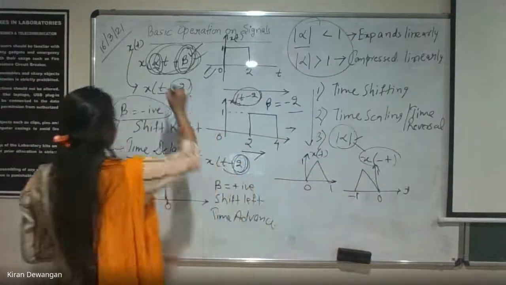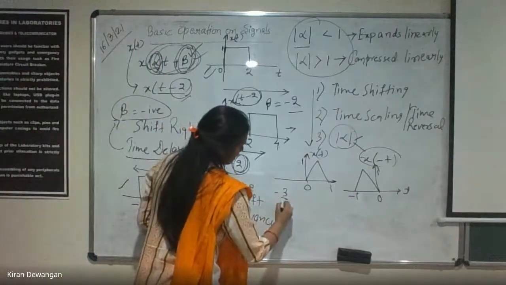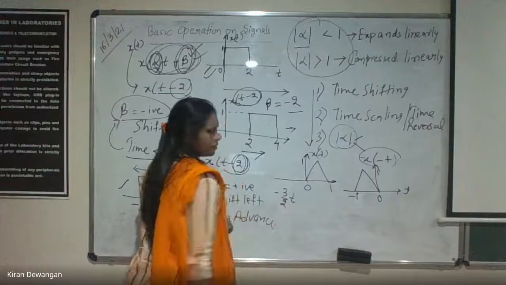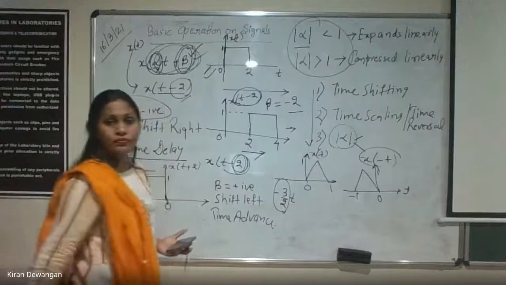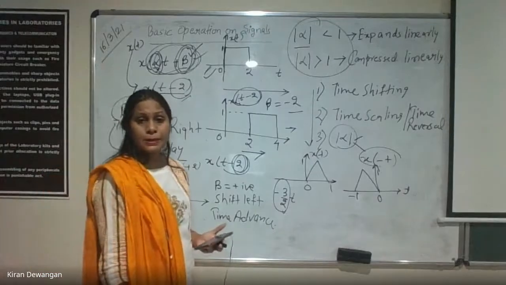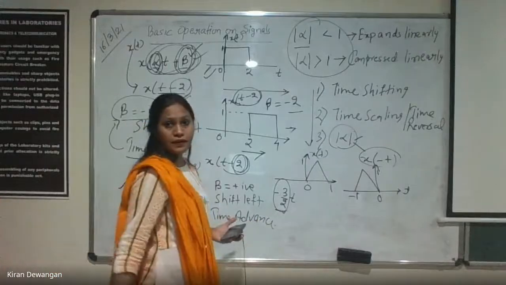Now let us say this alpha value is -3/2 t. If alpha is -3/2, what will you do? How will you perform this operation?